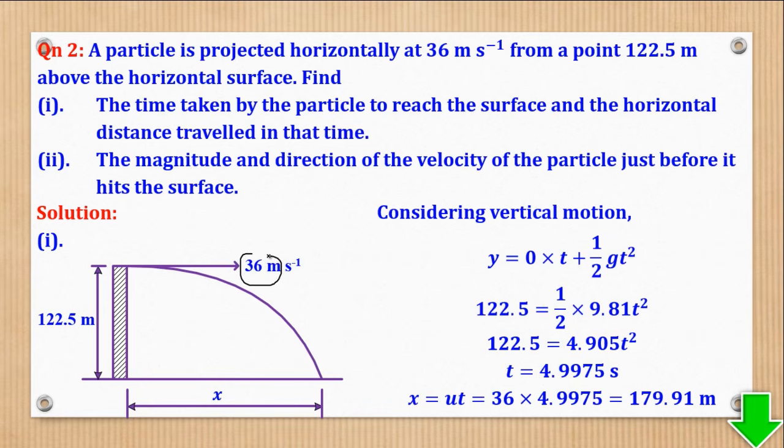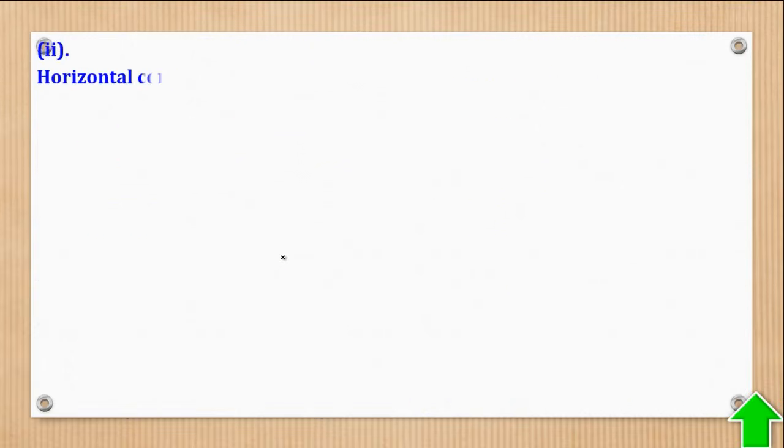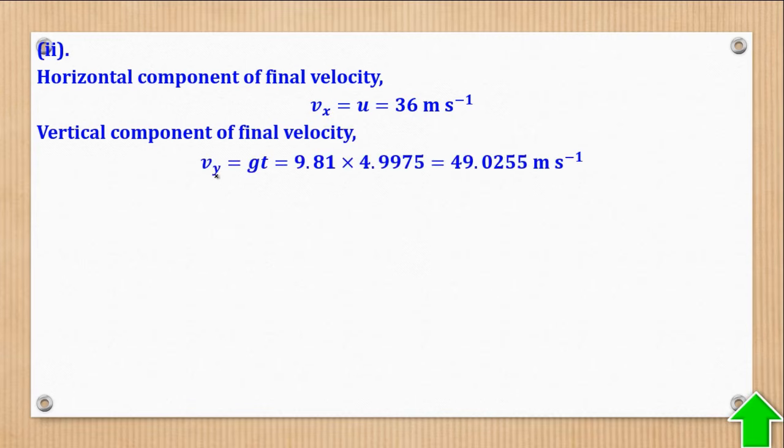So we know the initial velocity, that will be the vx. Then for vy, it changes with time, so we shall get it using the equation, gt, to give you this. So now I shall draw our right angle triangle.